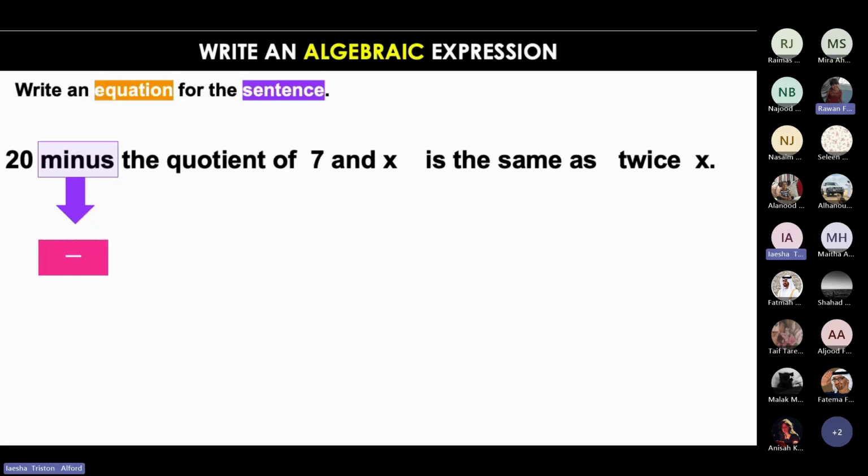Any other action words? Twice. Anything before twice? Multiply. Well, twice does mean multiply, but do you see any other word before? I'm starting in the sentence going from the left to the right. So you see anything next that could be an action word?